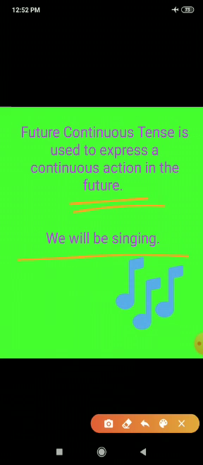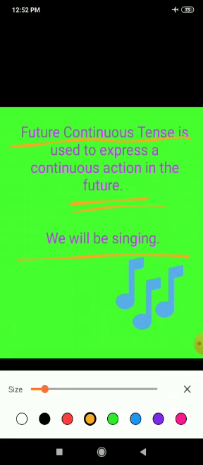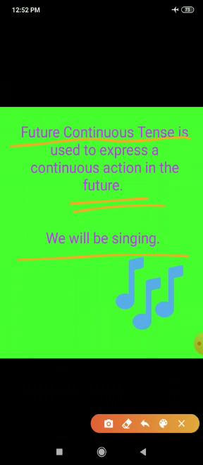Here we have an example. We will be singing. This sentence is in future continuous tense. We said continuous tenses can be recognized by the ending ing.